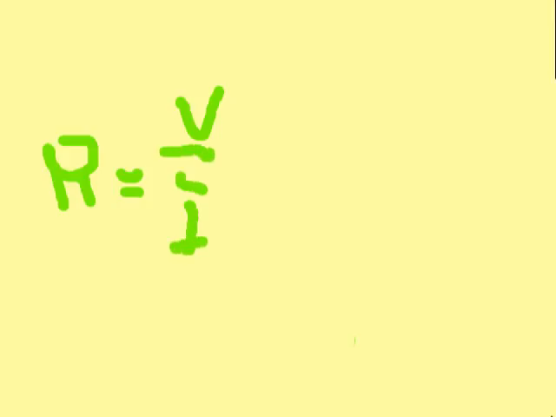So resistance is just a way of saying how well a material can conduct current. The equation for resistance is R equals V over I. So it's like how much this material is opposed to the current moving through.